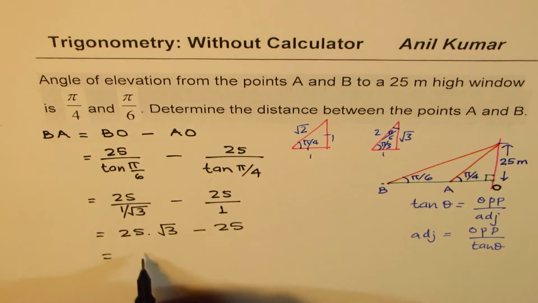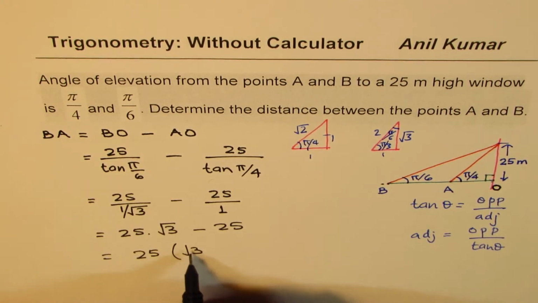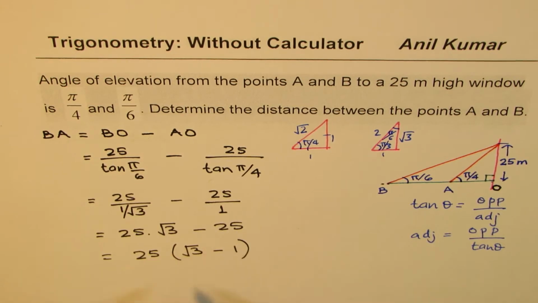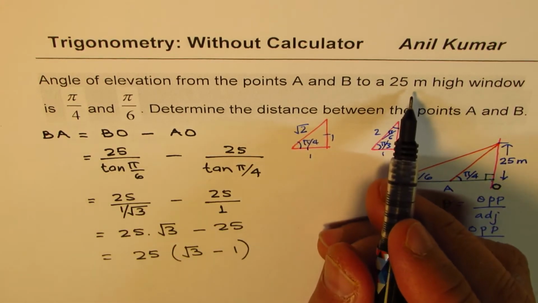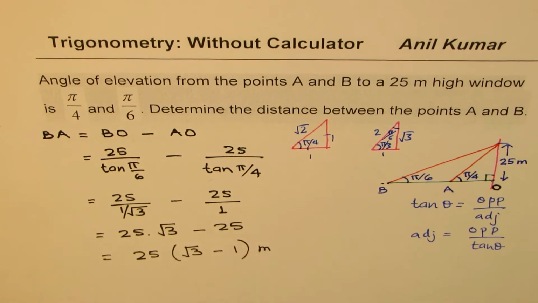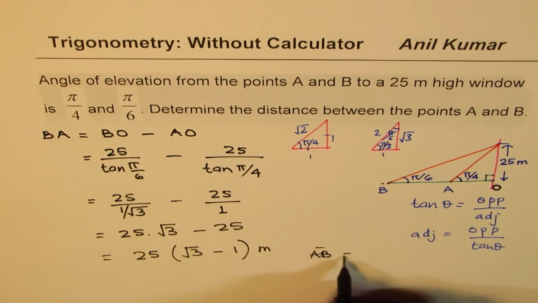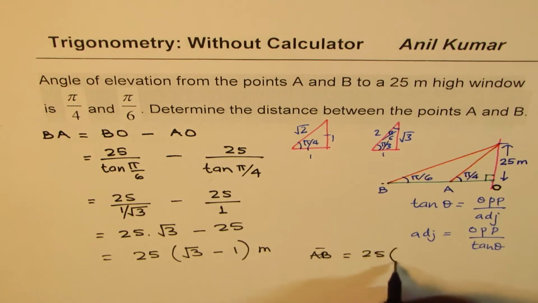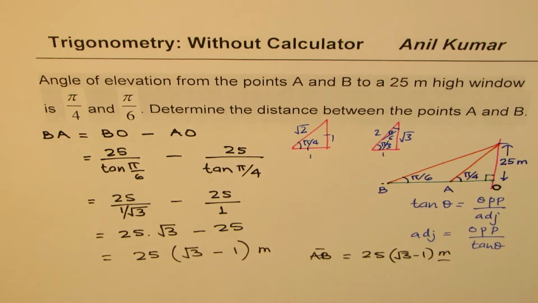You can take 25 common, right? And what you get here is square root 3 minus 1. The units will be in meters. So that becomes the answer. So the length AB is equal to 25 times (square root 3 minus 1) meters.